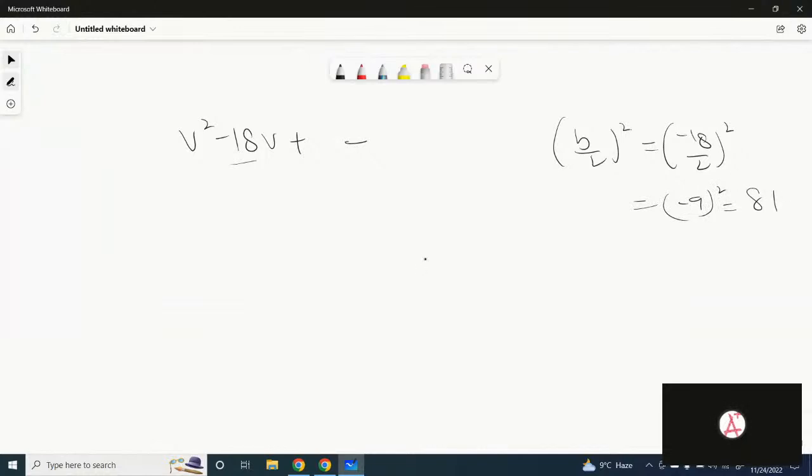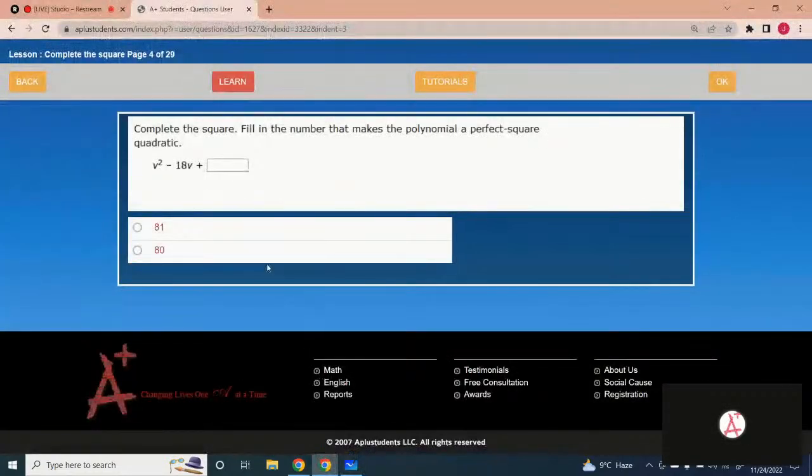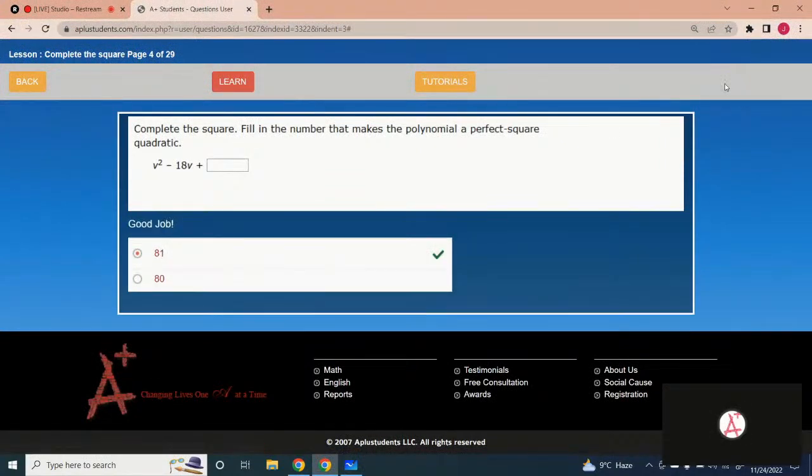So you have to add v square minus 18v and plus 81. So the missing number is 81. If you have any question, please ask the question. Just select the correct option and click on the OK button.